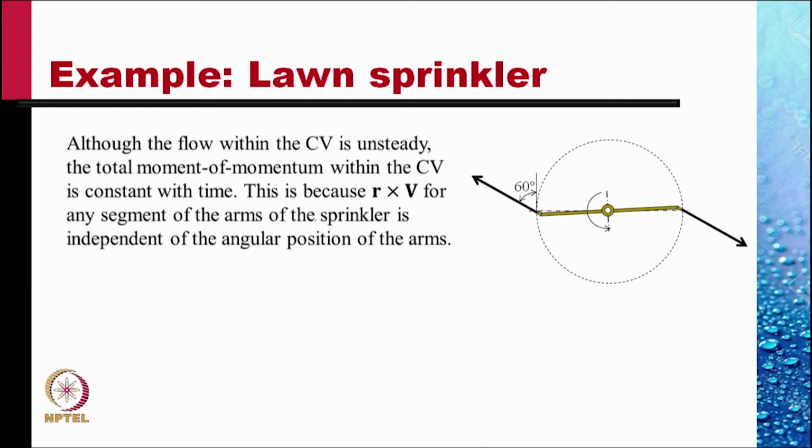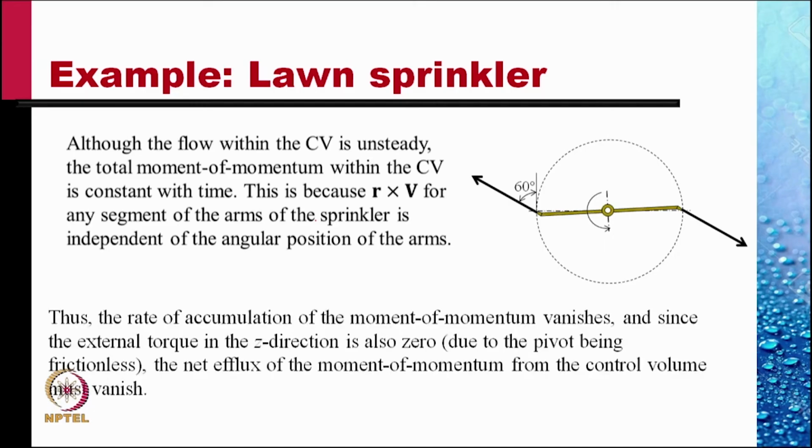This is because r cross v for any segment of the arm of the sprinkler is independent of the angular position of the arm. Whatever angular position, the value of r cross v is the same, and so angular momentum does not change with time.